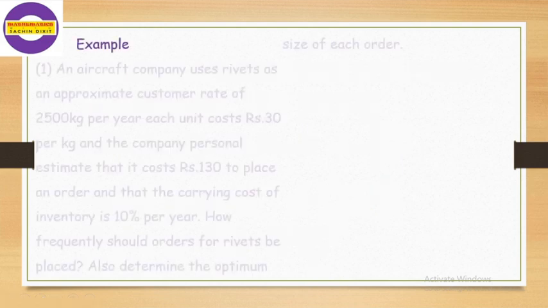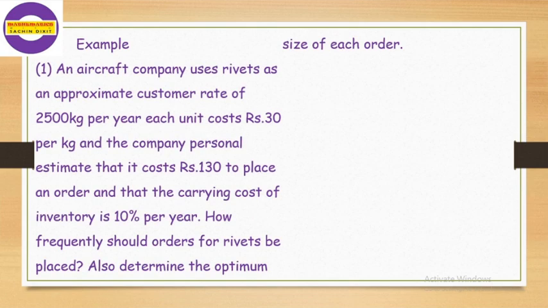First example: an aircraft company uses rivets at an approximate customer rate of 2500 kg per year. Each unit costs rupees 30 per kg, and the company personnel estimate that it costs rupees 130 to place an order, and that the carrying cost of inventory is 10% per year.